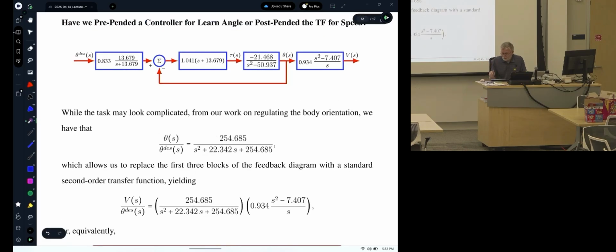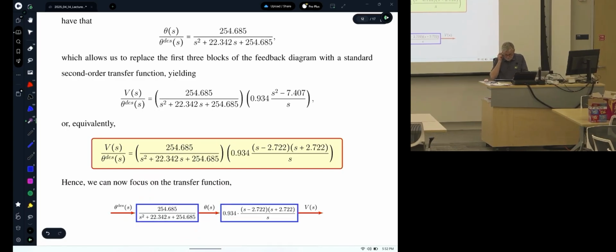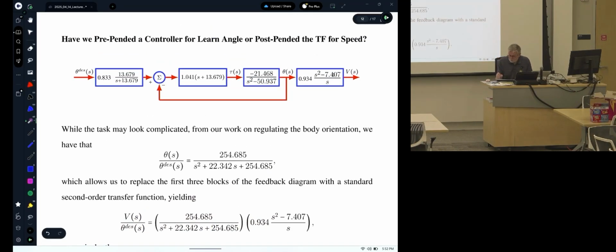So now we're going to write another feedback loop around this. So pay attention, because this looks super frightening, but it's not. So what I'm doing here first is I'm getting the transfer function from theta desired to here. Now, here's the key point. This transfer function we designed to be one of those beautiful second-order transfer functions.